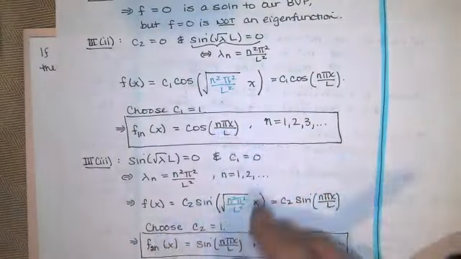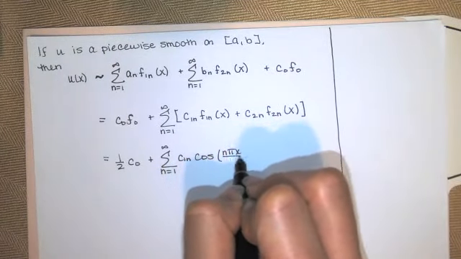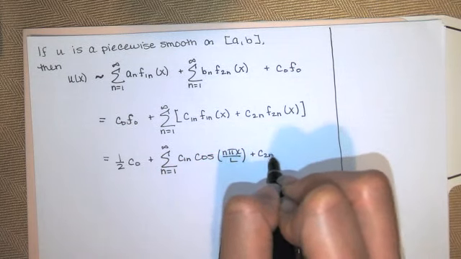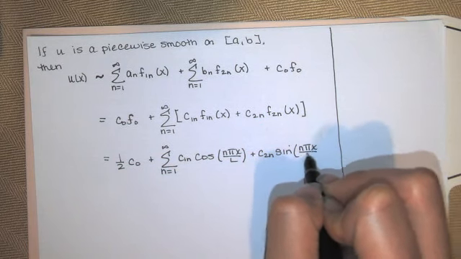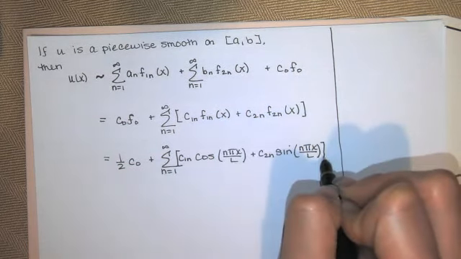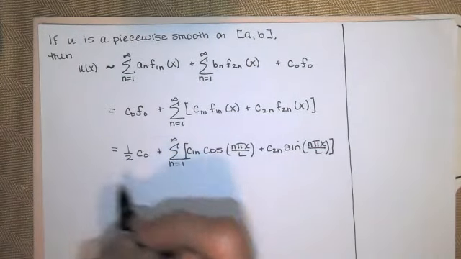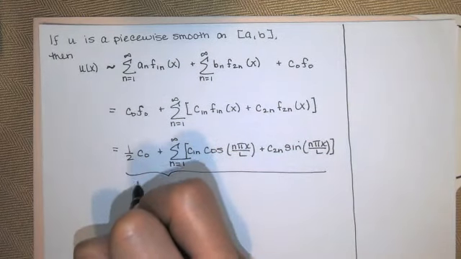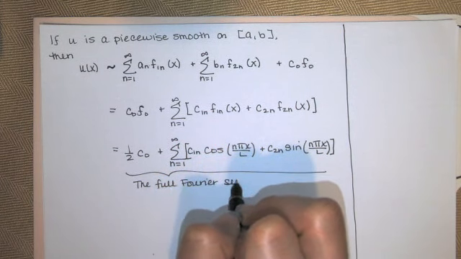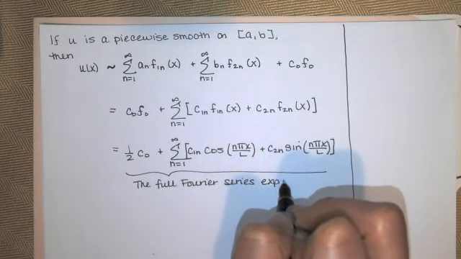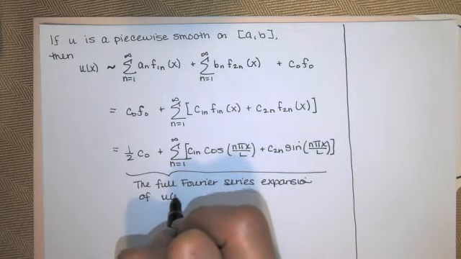They are cosines of n pi x over L. And we've got c sub 2n, different constants, times the sines of n pi x over L. And that is the full Fourier series expansion of u of x.